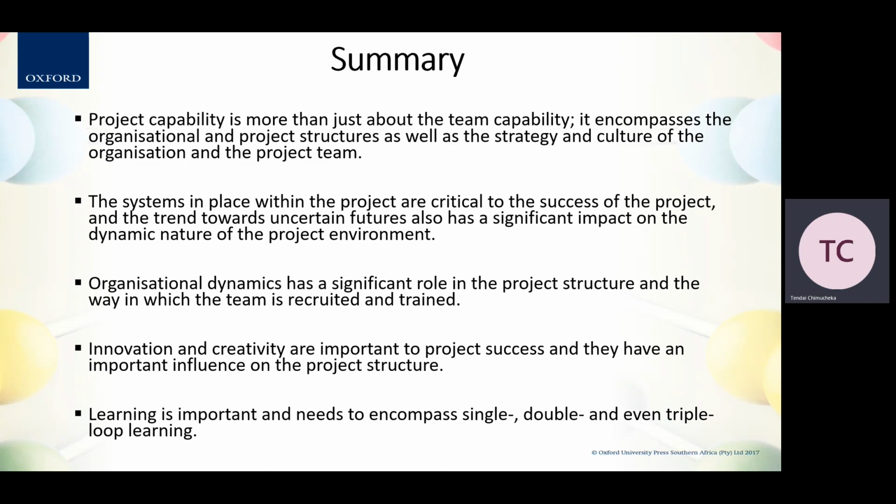Organizational dynamics has a significant role in the project structure and the way in which the team is recruited and trained. We are also saying innovation and creativity are important to project success, and they have an important influence on the project structure. Learning is important and needs to encompass single, double, and even triple loop learning.